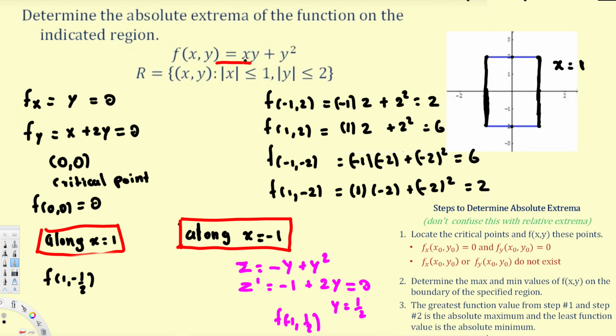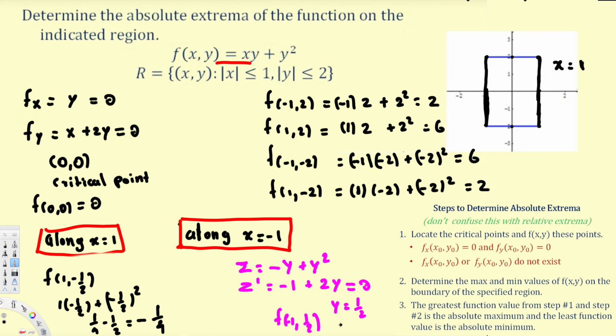Now we plug this into the function, so this is going to be just 1 times negative half plus negative half square, so this is going to be 1 over 4 minus half, and if we take 4 as our common denominator, this is going to become 2 over 4. 1 minus 2 over 4, that's going to give us negative 1 over 4.